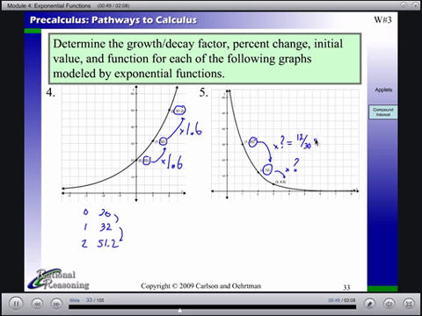That's right. Is that 0.4? So 0.4 is the decay factor. Percent decrease. Rewrite the decay factor as 1 minus what? 0.6. That's how much our decrease is. 60% decrease.